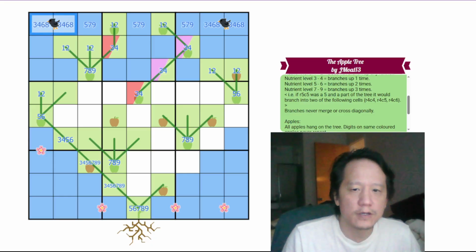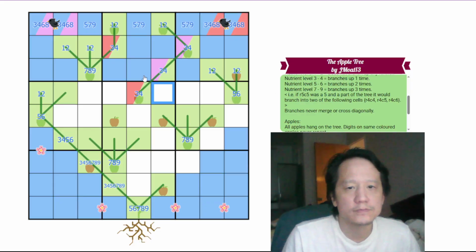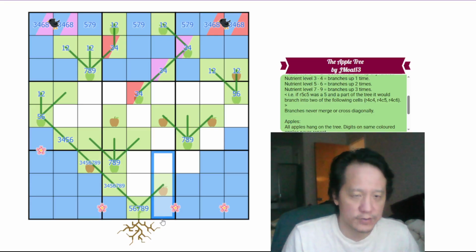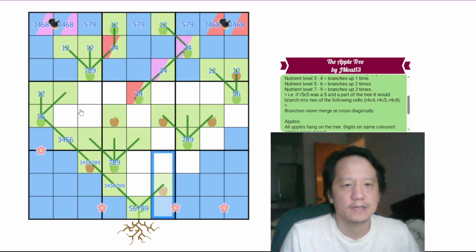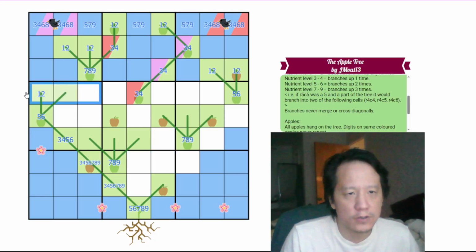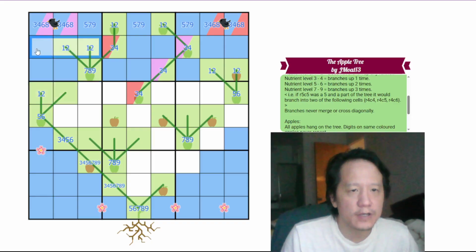This is pink, and this will be red. Pink has to be one of these 3. Sorry, red has to be one of these 3. Red cannot be here. Red can't be here. Red has to be one of these 2. Red can't be here. Red could be any of these.